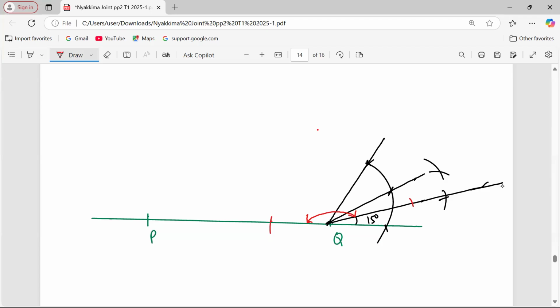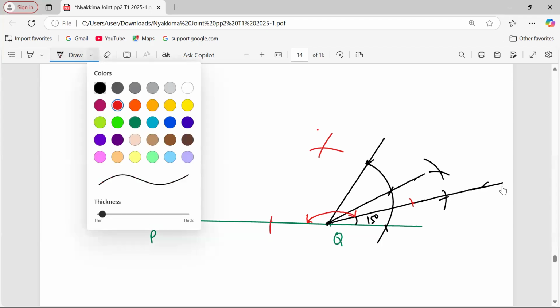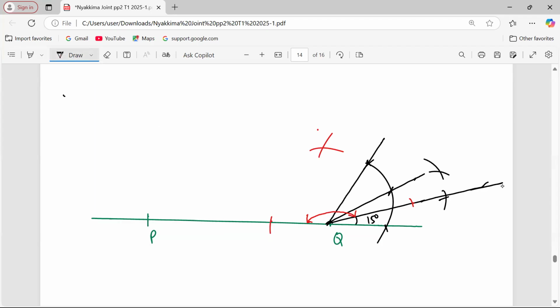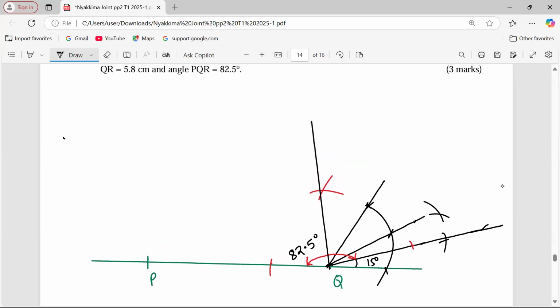Then standing on those arcs, we make an arc and an arc, such that when we connect those arcs to Q, we shall have 165 bisected that way. So we are having now 82.5 degrees that way. Yeah, very good construction of 82.5.